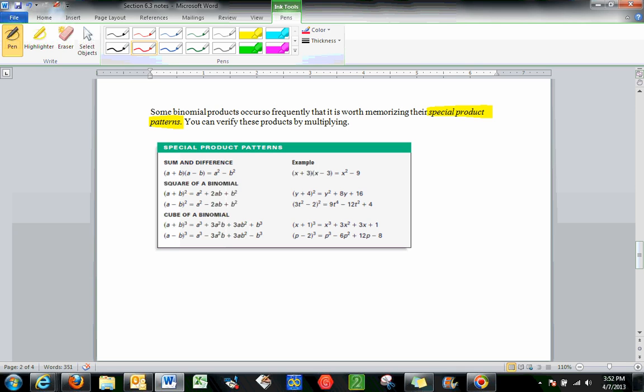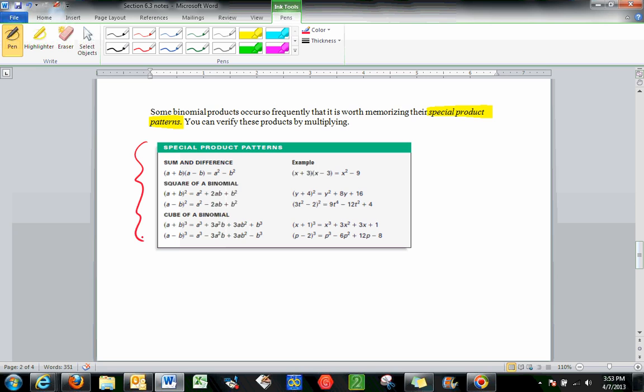So take a good look at these special product patterns and how some of the examples work. You may want to refer back to this chart as we go through the problems, and see if you can follow the actual patterns that are taking place.